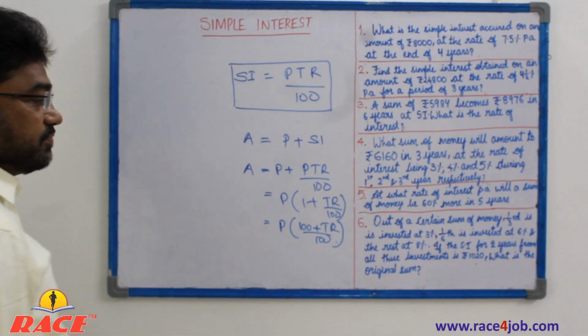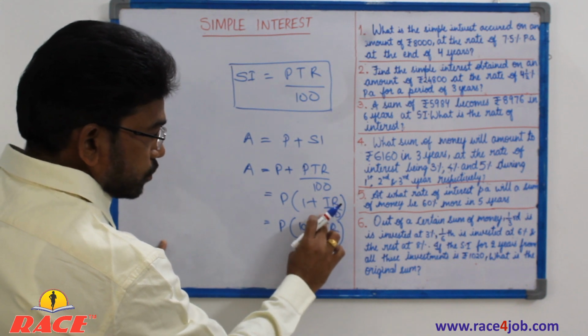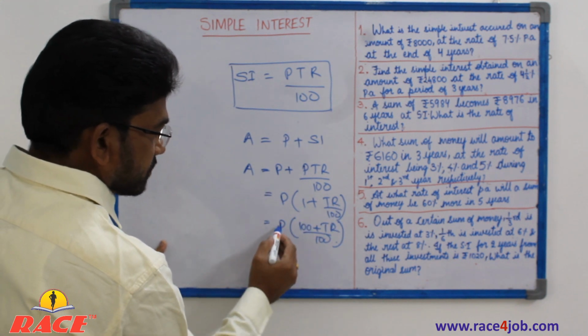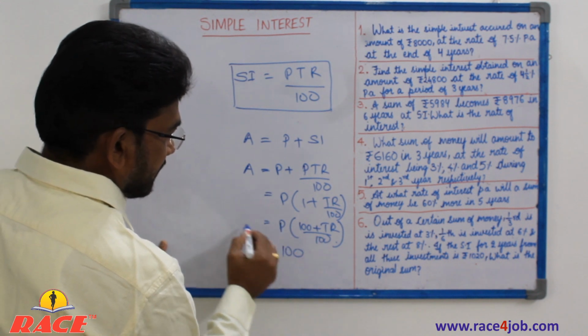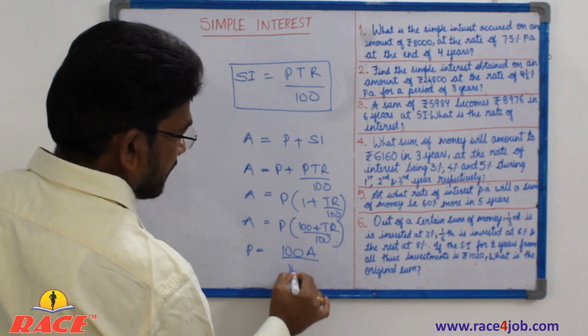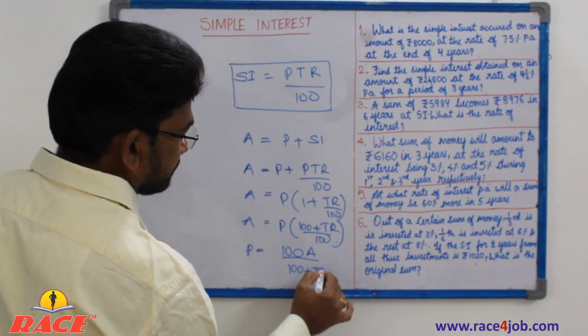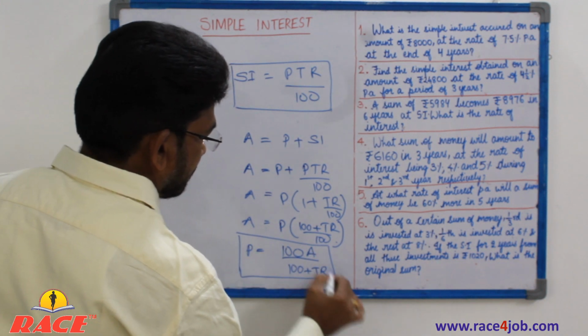If I bring these 2 to this side, P is there, 100 comes here, amount is A. So 100A by (100 plus TR). So principal is nothing but 100A by (100 plus TR).